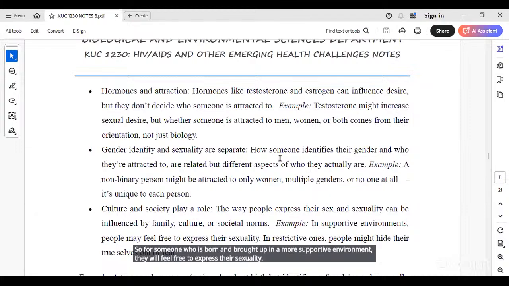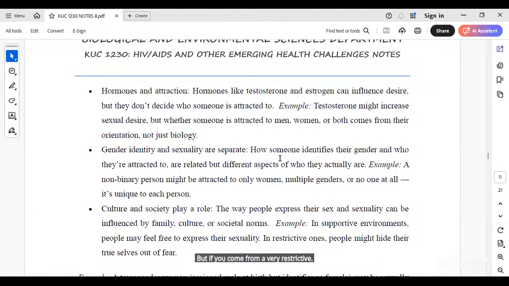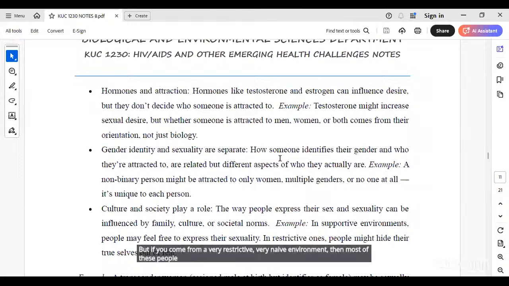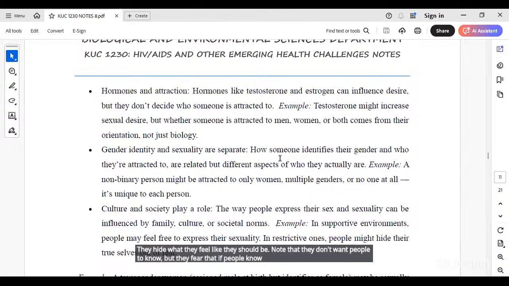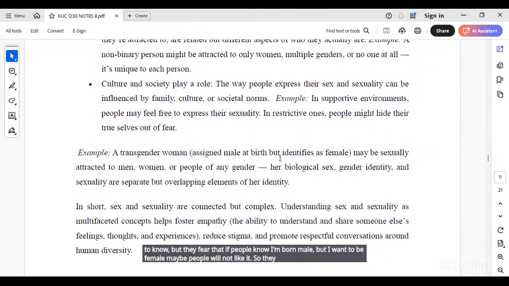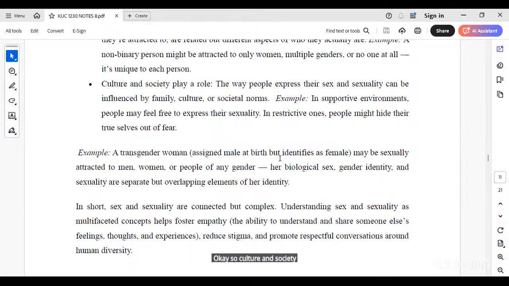But if you come from a very restrictive, very naive environment, then most of these people hide their true selves. They hide what they feel like they should be. Not that they don't want people to know, but they fear that if people know that I'm born male, but I want to be female, maybe people will not like it. So they hide out of fear. Okay. So culture and society, they play a big role in how people end up expressing themselves.